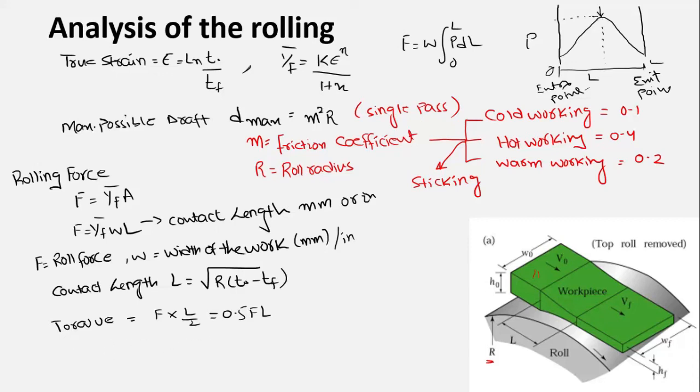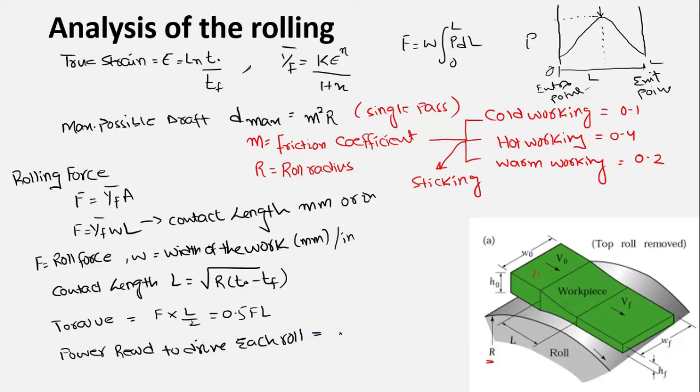So the power required to drive each roll, as you know, the power is a product of the torque and the velocity.